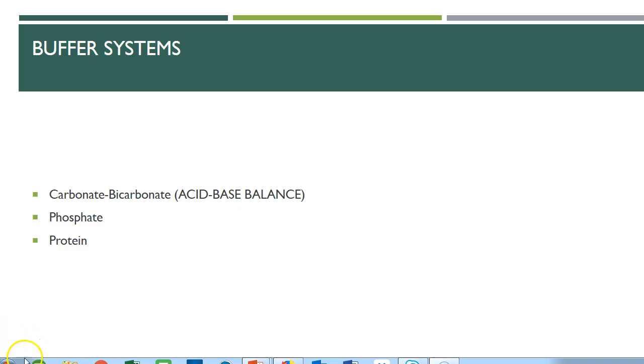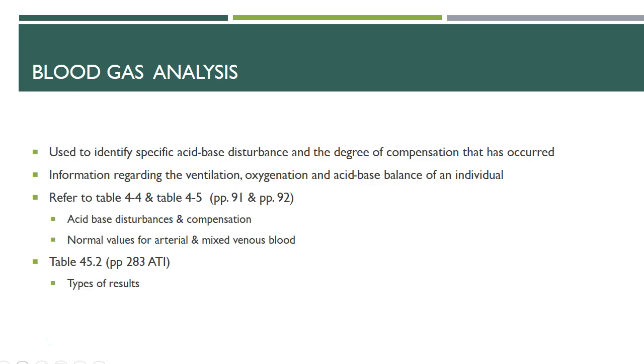We also look at the acid-base balance to help determine the degree of compensation that is going on. The information regarding ventilation is important, information regarding oxygenation, and then the acid-base balance of the individual. These are all important things for us to know so that we can help provide excellent care.